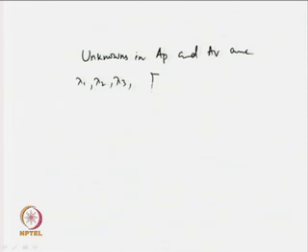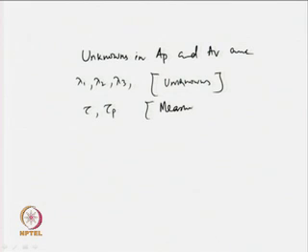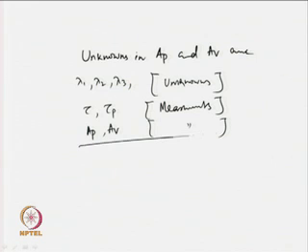We have the measurements tau and tau p, along with AP and AV, which are also a set of measurements, and the user defined values are H1 and H2.